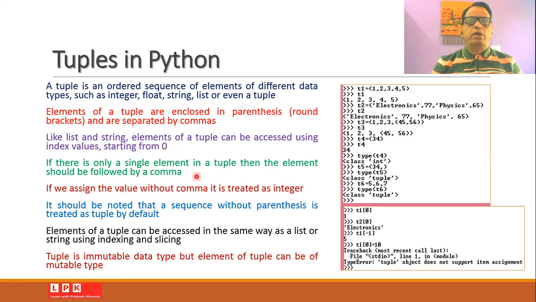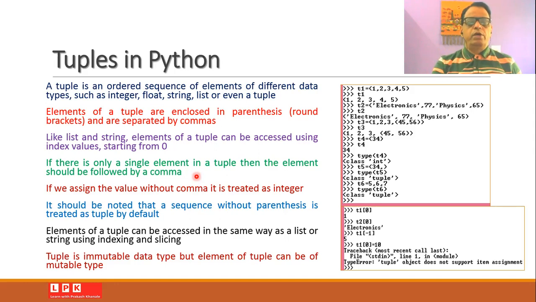In the case of tuple, one precaution that one has to take: if your tuple consists of only one element, then write that element and use a comma. Because if you do not use the comma, the element will be considered an integer, and in that case it will not be considered a tuple.